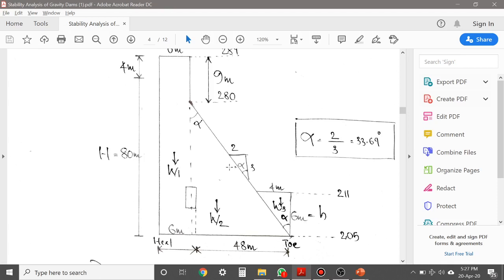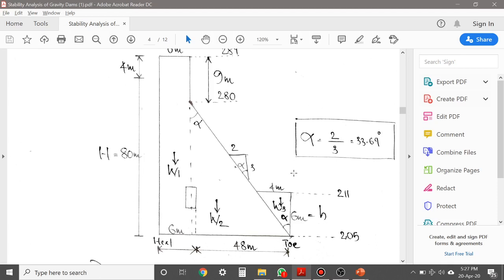Also you know that the downstream portion of the gravity dam is inclined. Whenever there is an inclined portion, whether it is at downstream or at upstream, there will be presence of weight of water. For the time being, here the entire upstream portion of the dam is vertical. So we don't have to take the weight of water at the upstream.